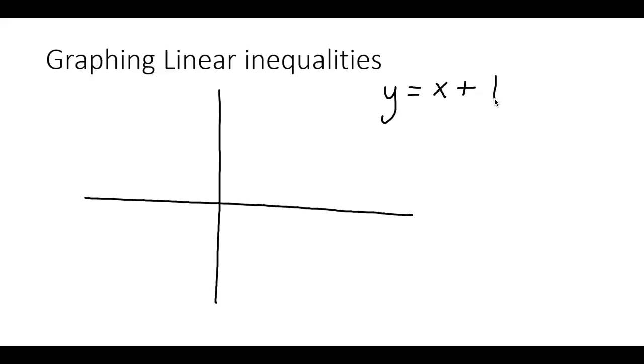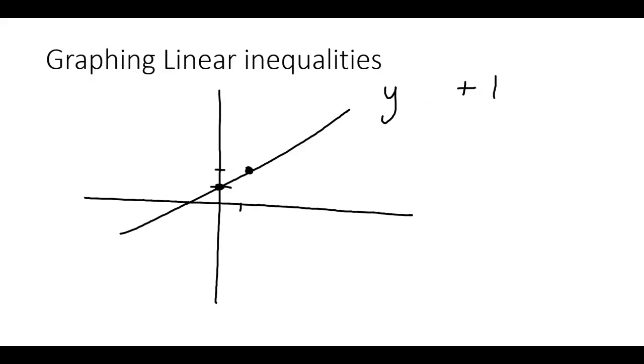So my y-intercept is 1, and notice there's no slope there, so that means that it's 1. So it's 1 over 1. So I'm gonna rise 1, run 1. Started from my y-intercept, I rise 1, run 1. And then I'm going to connect my dots. Now, once again, you're not writing this, you're just watching. No need to write. Okay.